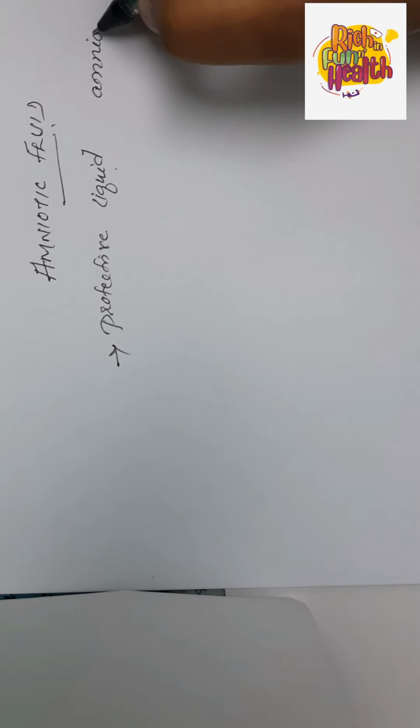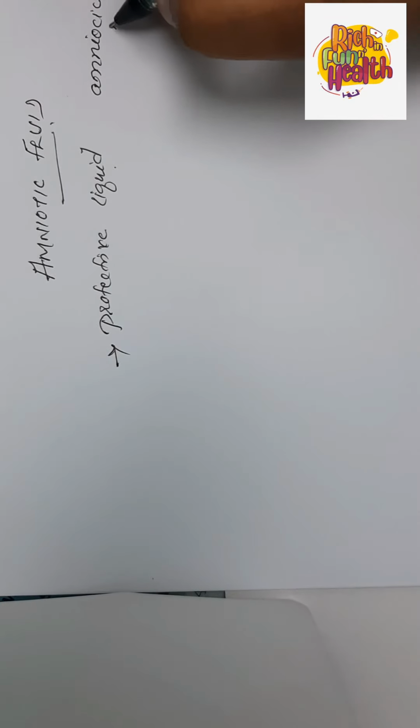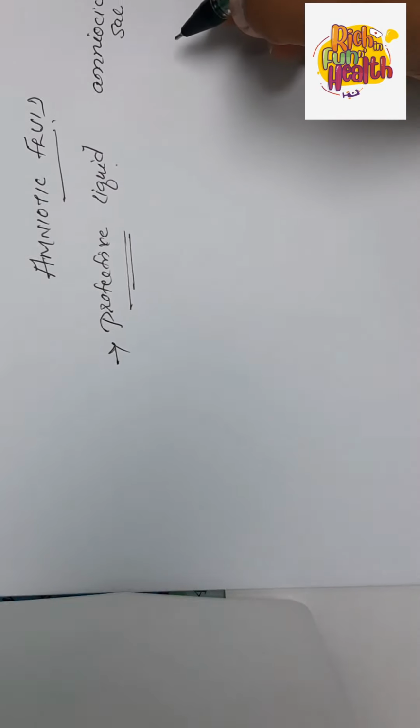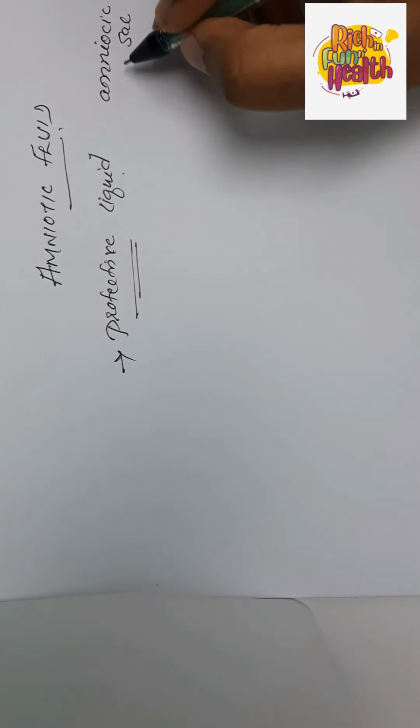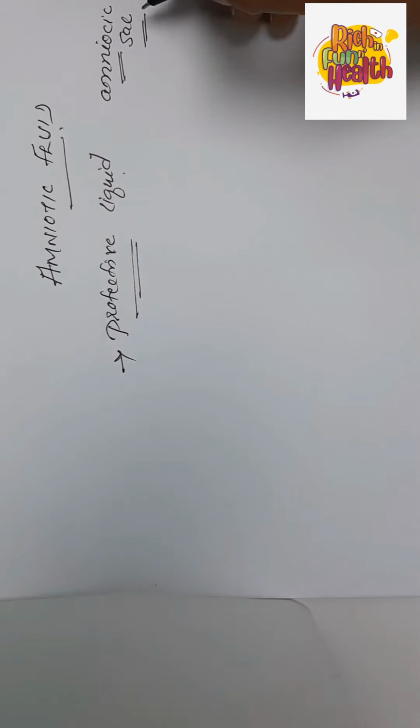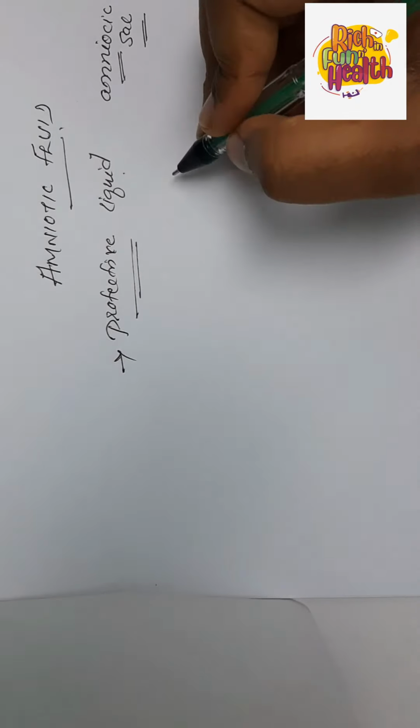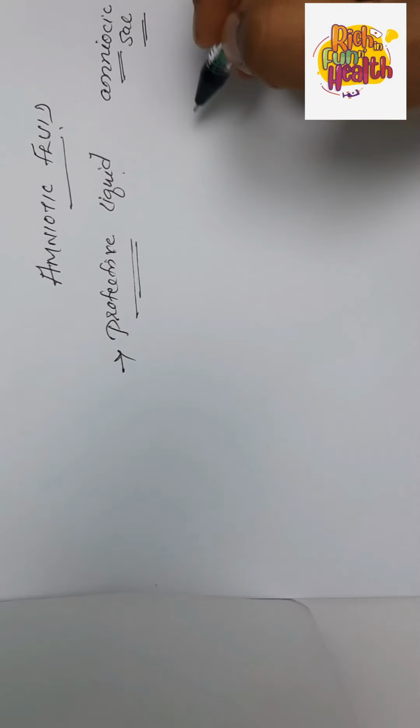So the next word is amniotic sac. The first word was protective liquid and the second word is amniotic sac of the gravid amniole. What is that gravid amniole? It is in the uterus.